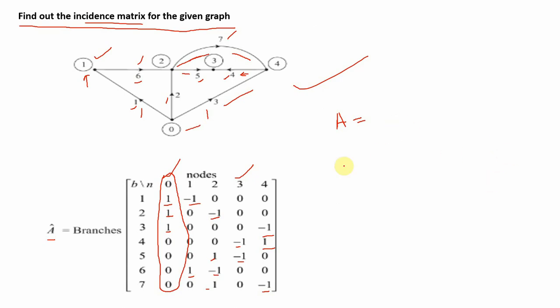We know how to find a tree: T is equal to n minus 1. So how many nodes are there in this figure? Total 5 nodes are there. So 5 minus 1 is equal to 4. So 4 twigs or tree branches will be formed.